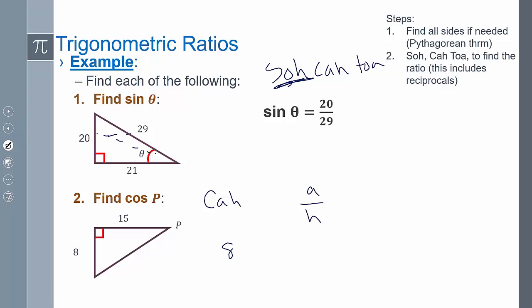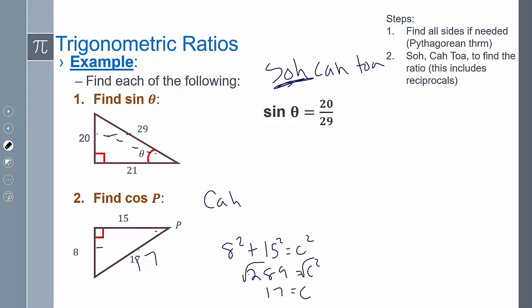If I did a squared plus b squared equals c squared, you're going to get 289 equals c squared. If I square root both sides, you're going to get 17. So this is going to be 17. So now cosine is adjacent over hypotenuse, so I'm going to say 15 over 17.